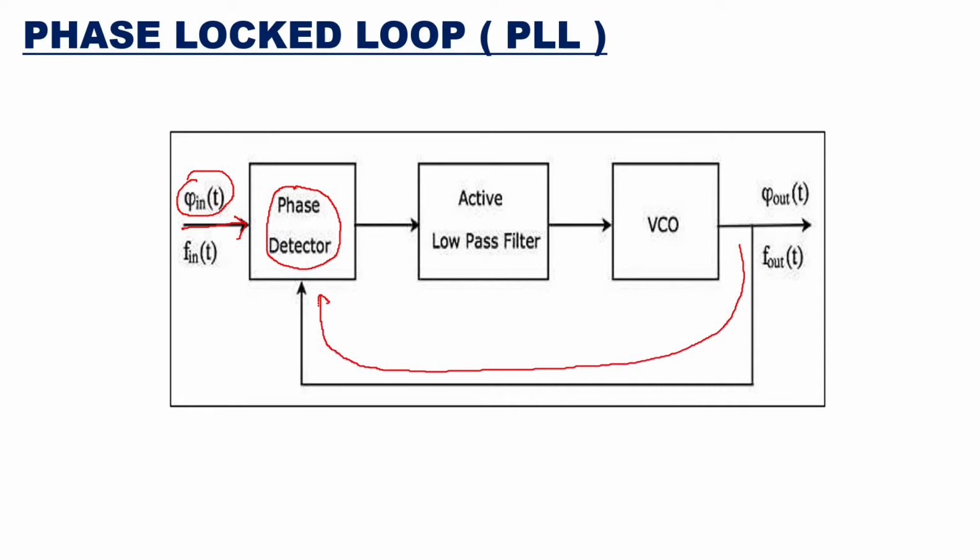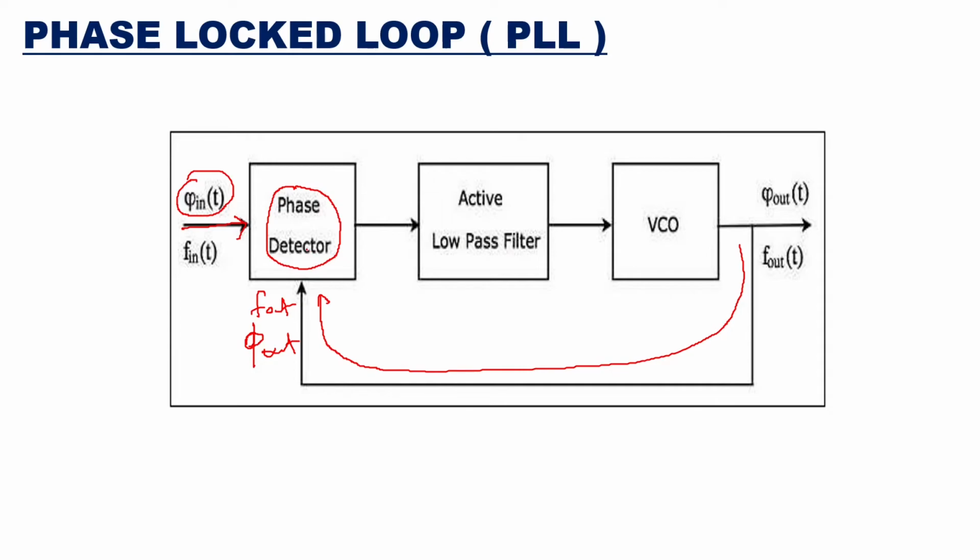So here you can see this will be your output signal F out, which will have an output phase. Now, the input phase and the output phase will be compared by the phase detector.